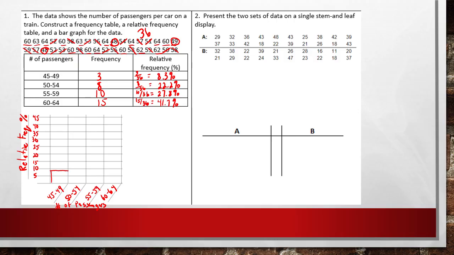Okay, it's probably about there. Okay, for the 22.2%. Okay, about halfway between. And then for the 27.8, about right there. And then for our last one, 41.7 is probably about here.